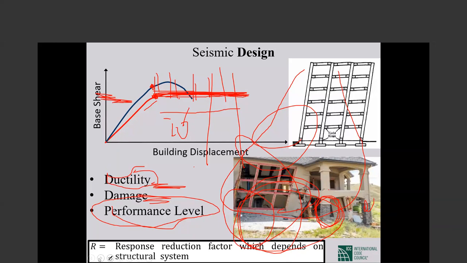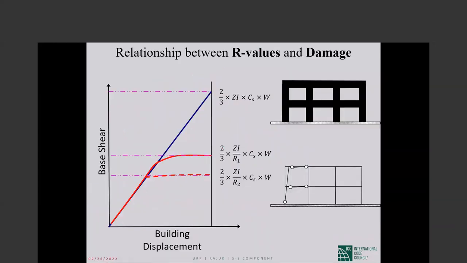Therefore, if we continue, as I mentioned, the vertical axis here is base shear, and the estimation of the base shear in the design level earthquake by BNBC is this value. This is the BNBC estimation of the design value, that a 475-year return period earthquake will impose this much base shear.